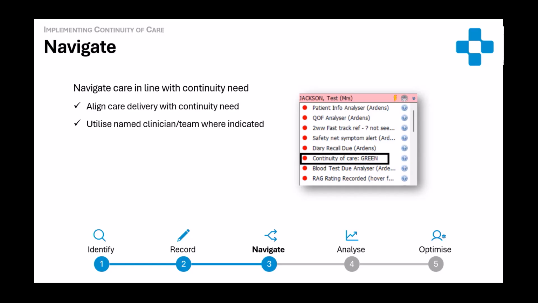It might be arranging a follow-up themselves or avoiding unnecessary handoffs and keeping the care more joined up. And for your wider team, it can help reinforce that shared ownership because everyone can see which patients benefit most from consistency, not just the person booking the appointment. So the alert isn't just a prompt, it's your signal to shape how you deliver care across your whole continuity of care pathway.